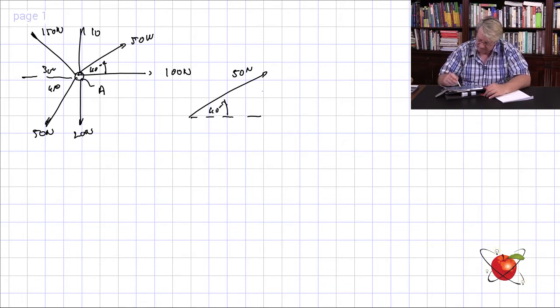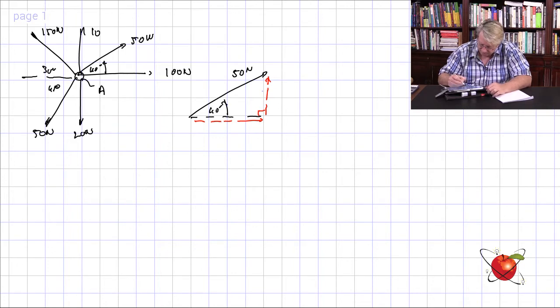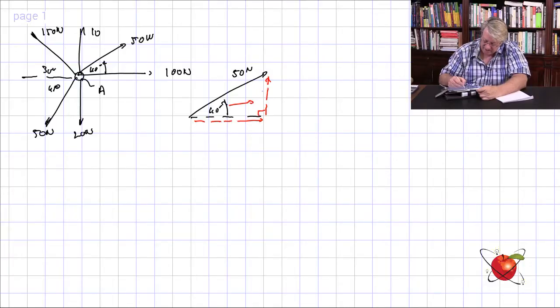And let me just change to a different color. There are our components, right? That's the 90 degrees. How do we do it? Stand at the angle and look out. Opposite means sine. So it's 50 times sine of 40 degrees for the vertical, and 50 times cos of 40 degrees for the horizontal.